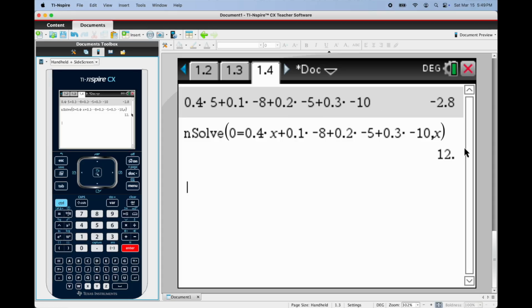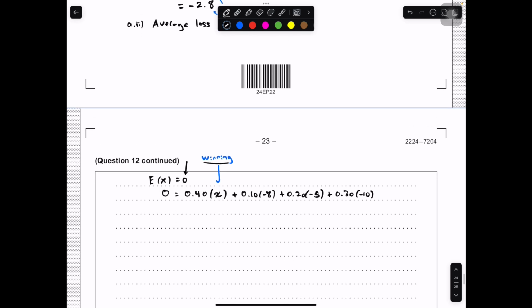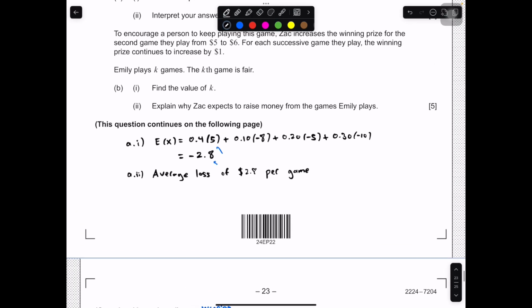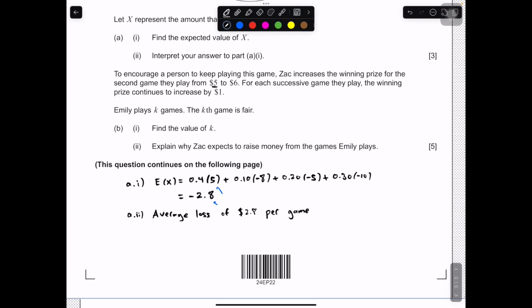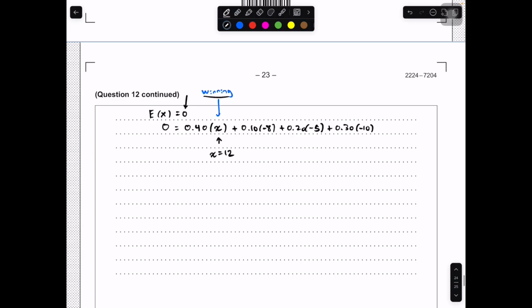So when x is equal to 12, this game is fair. Going back to the document, when this winning is not at $5 but at $12, then this game is fair. We're not quite done yet. We know that the winning itself has to be equal to $12. And we know that the first game you win 5, the second game is 6, and then at what point do we reach 12? So I'm going to set up a table to stretch this out.